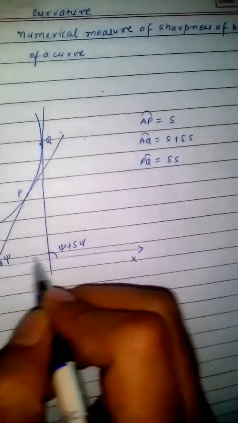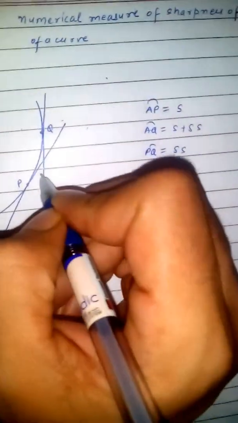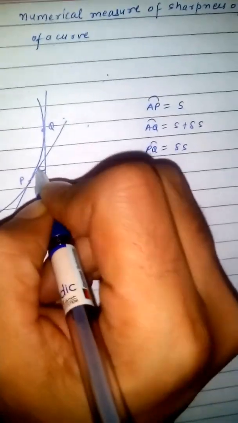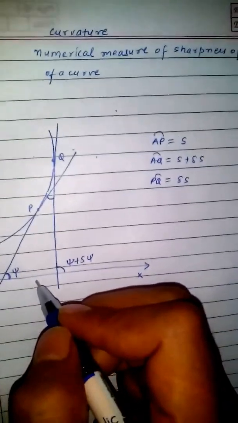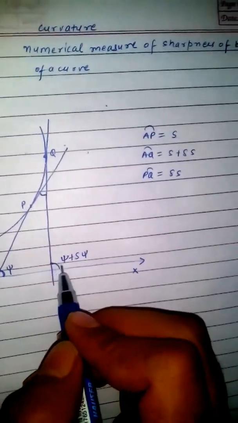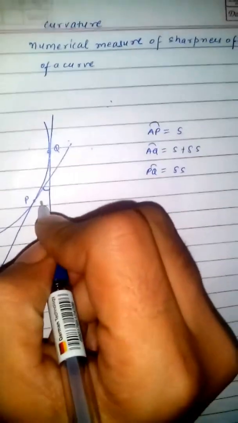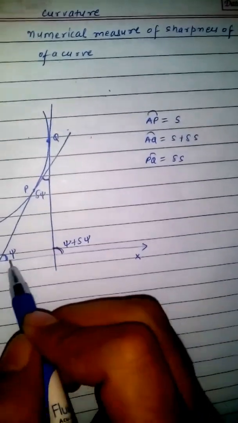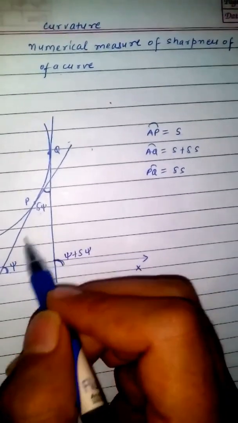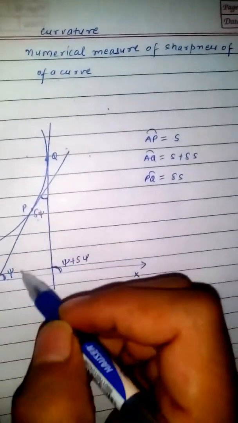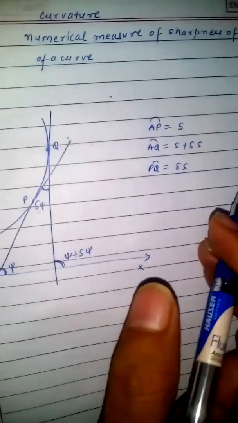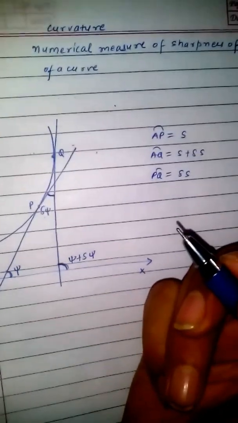So if this angle is psi and this angle is psi plus del psi, then how much is this angle? If we apply the property of a triangle that the exterior angle is equal to the sum of the interior opposite angles, we will get this angle as del psi.